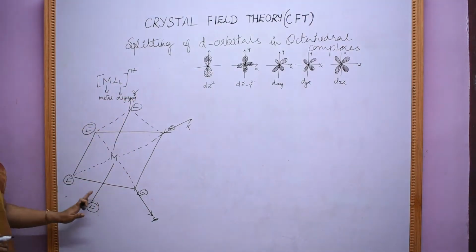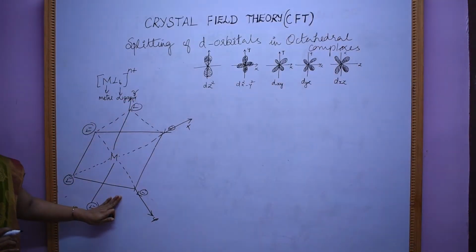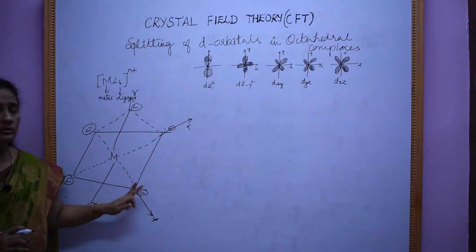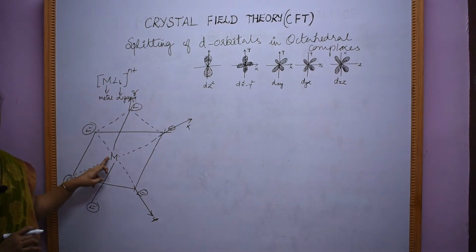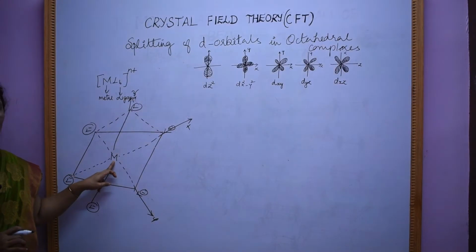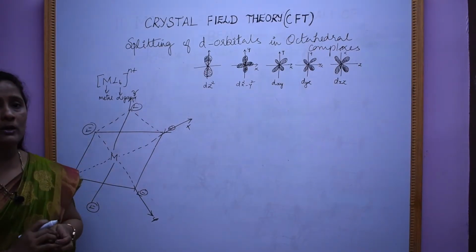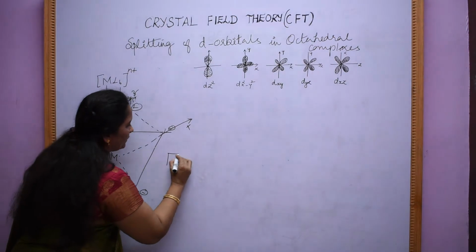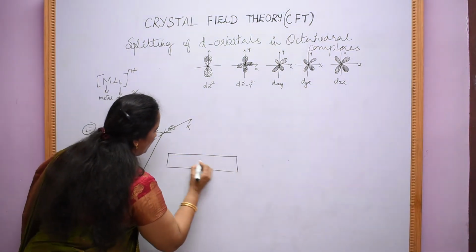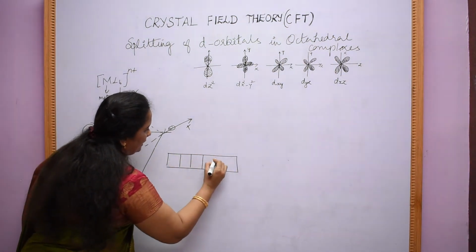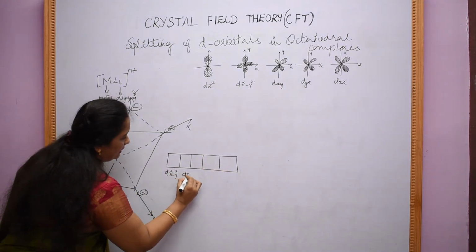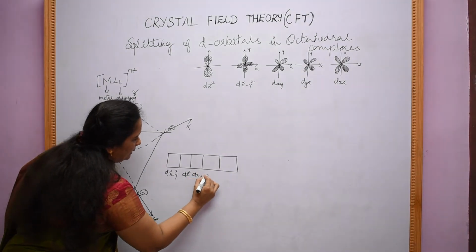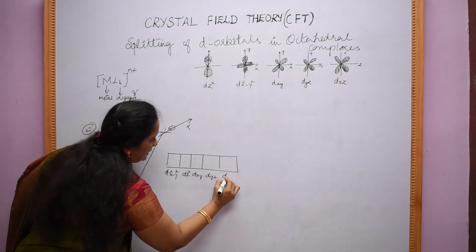So this is the structural representation of an octahedral complex. We have a metal cation, and there are 5 d orbitals in the metal cation, and these 5 d orbitals are degenerate in nature. We know what the 5 d orbitals are: dx square minus y square, dz square, dxy, dyz and dxz.